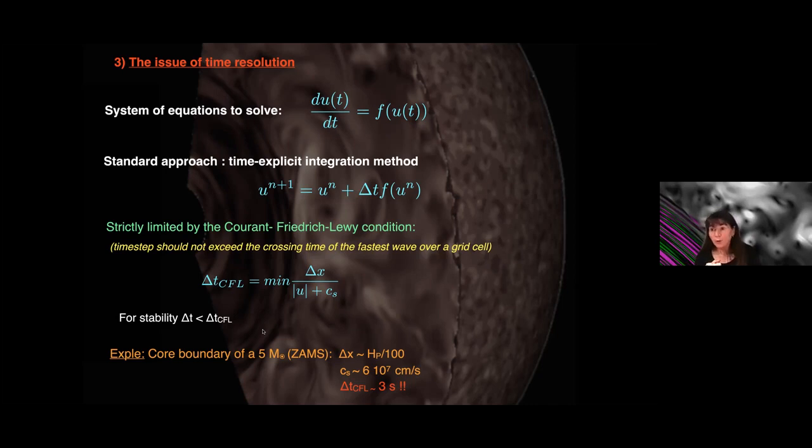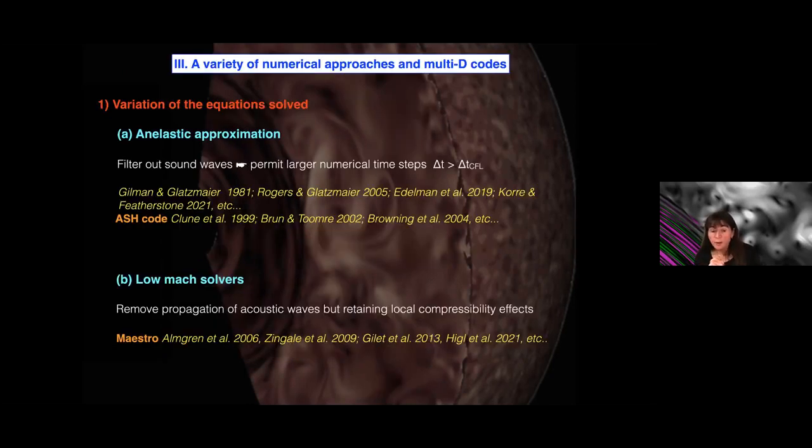And if you remember, the value of the thermal time scale in this specific star is like 10 to the 5 years. So that's a problem and that's an issue. And because of all those challenges, there has been a variety of numerical approaches and multi-codes.